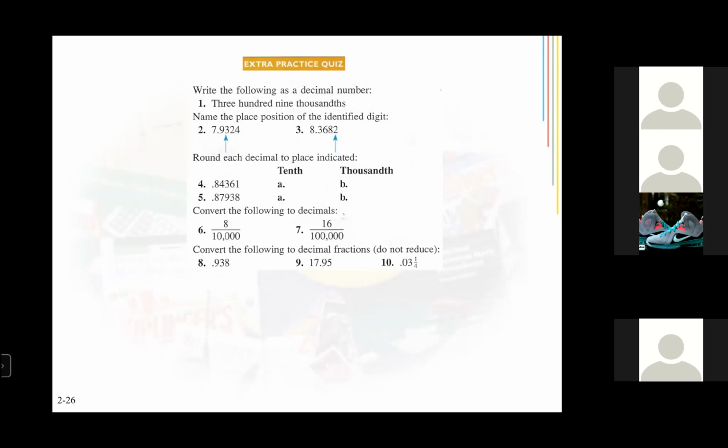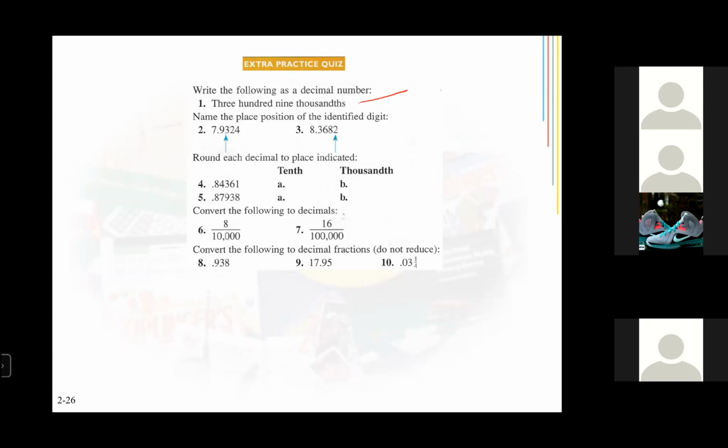What does the thousandth mean? Third place, my bad. So how are we going to write that? Let's write it as a fraction first.